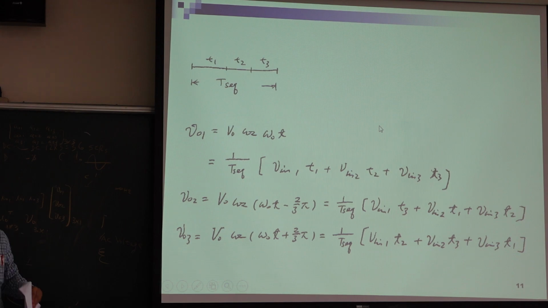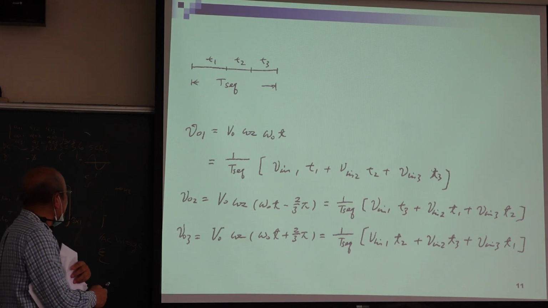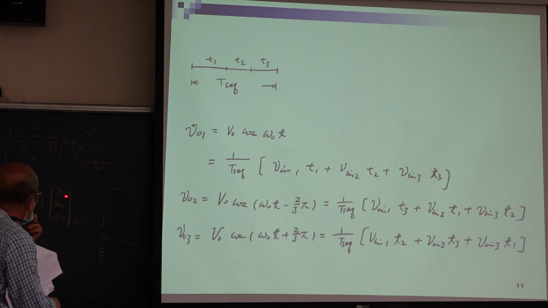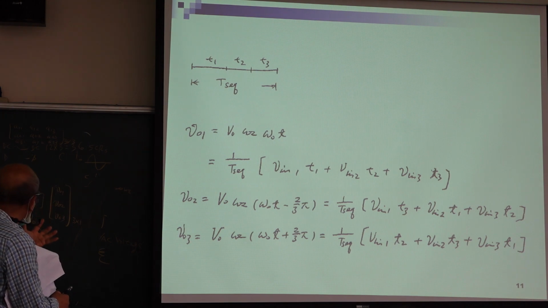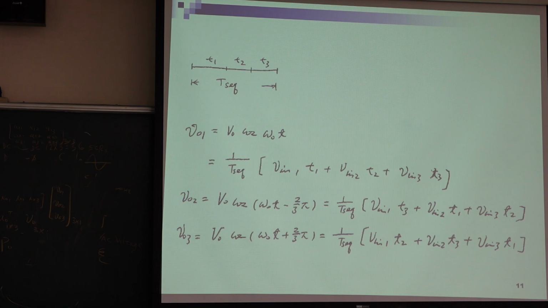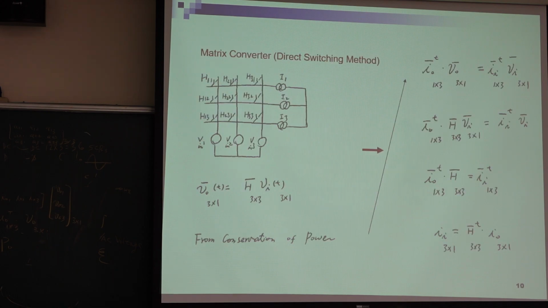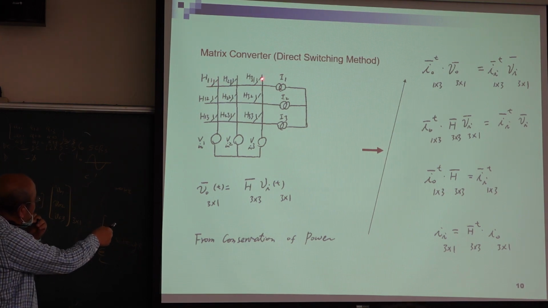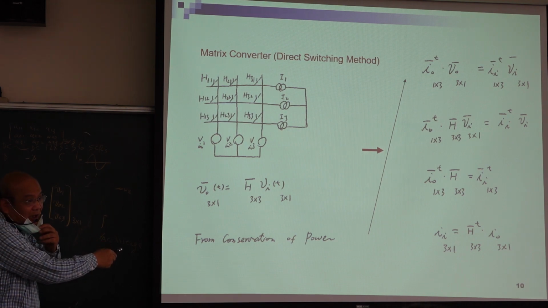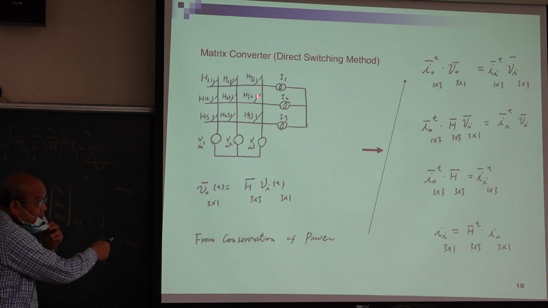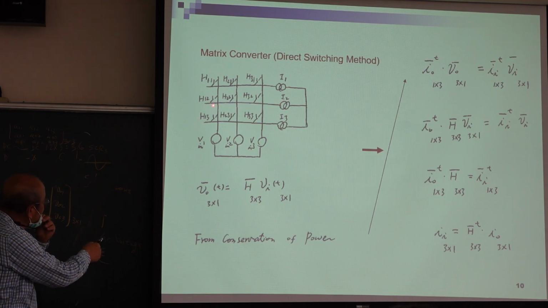Now the question is, how can I determine the switching type? How many unknown parameters do we need to solve? You know the output current, you know the input voltage, but you don't know the switches. How many unknowns? 1, 2, 3, 4, 5, 6, 7, 8, 9.